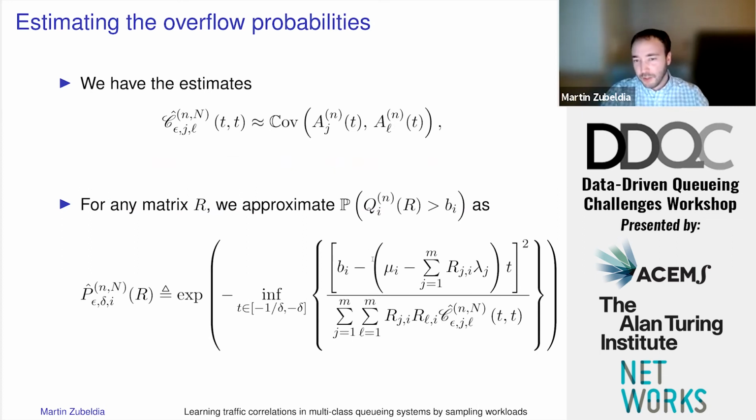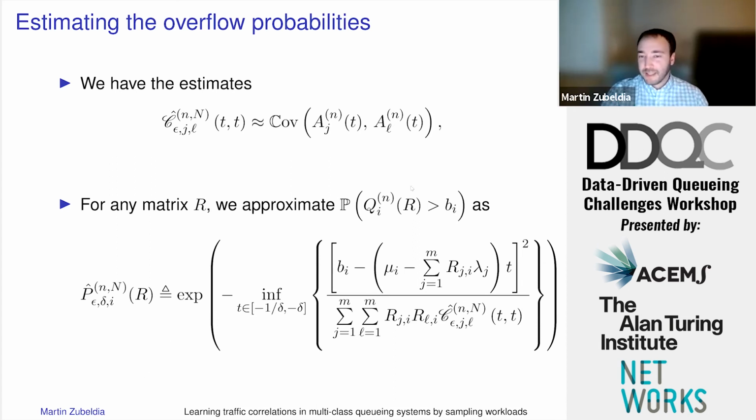As before, the only thing that matters here is that we can approximate the probabilities that we want, the probabilities that you go above a certain threshold for any routing matrix, as some function of our estimates and the routing matrix and everything that we know.